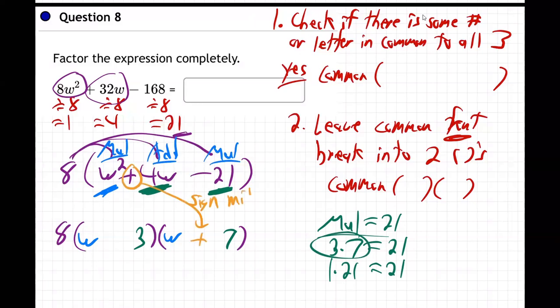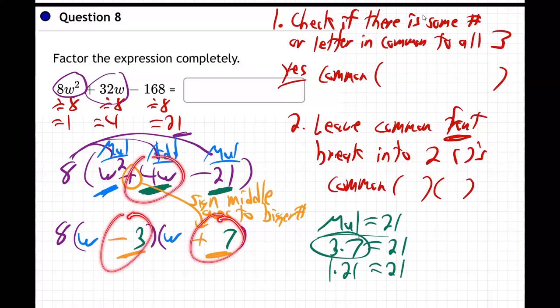The sign in the middle goes to the bigger number. So the 7 is bigger than the 3, so the 3 is going to be minus. 7 minus 3 is positive 4. See how that's correct?